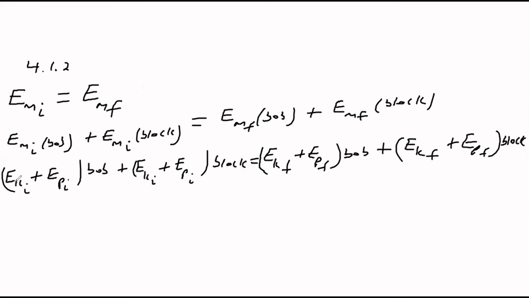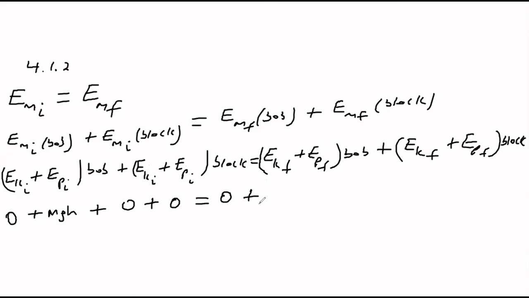Okay, let's substitute. Initially, when the bob is released, its kinetic energy is 0. It's held at a height h above the ground. The block's kinetic energy is 0 initially, and its potential energy is 0 because it was stationary. After the collision, the bob reaches a height where it is stationary, so its kinetic energy is 0.